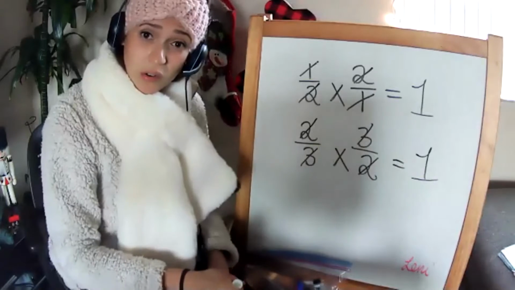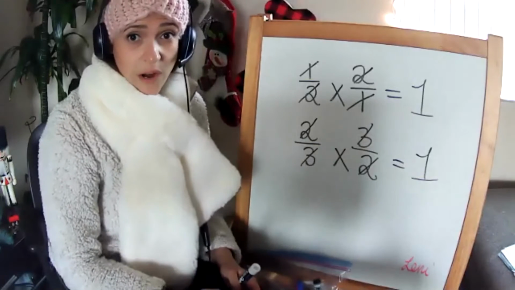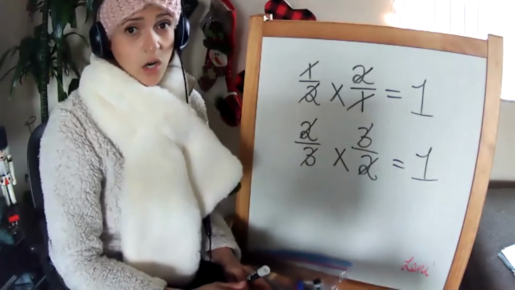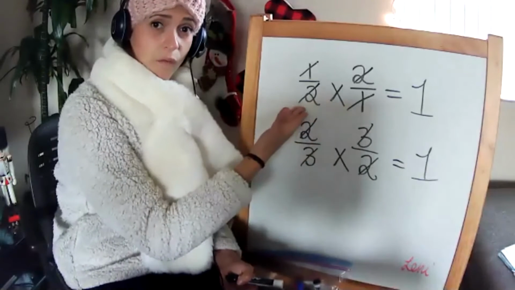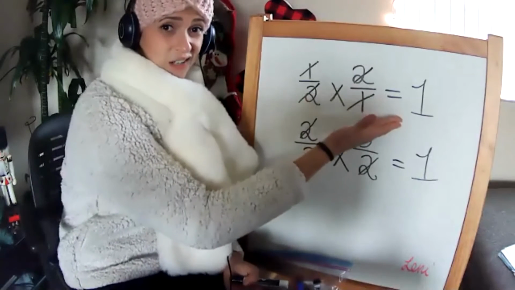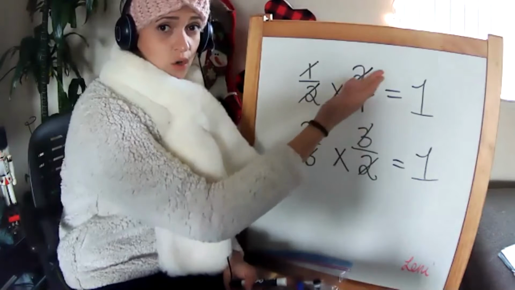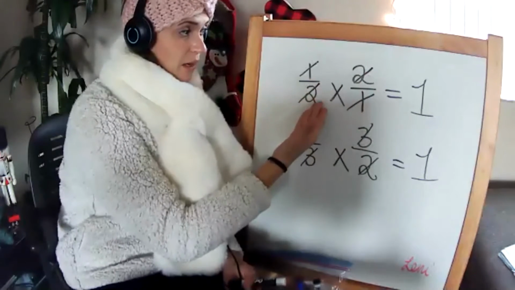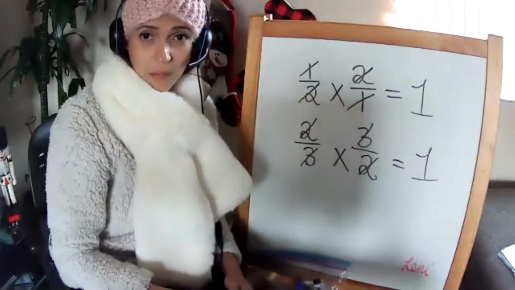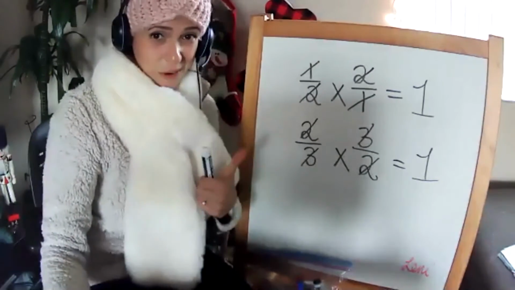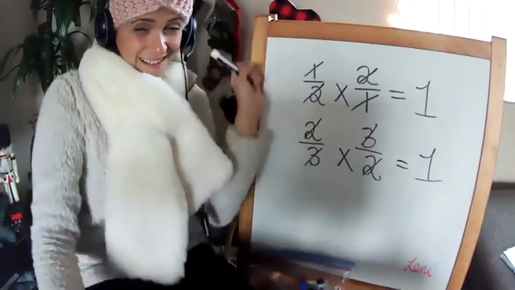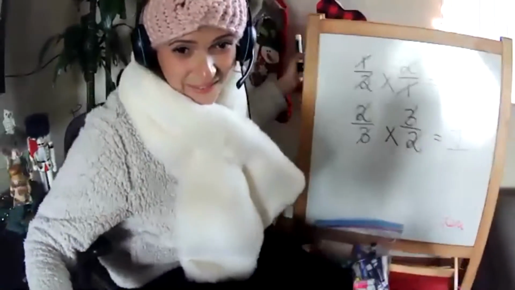So reciprocals are when you reverse your fraction's numerator and denominator. You know that it's a reciprocal because if you multiply it by your original fraction, your answer will always be 1, and your numerators and denominators will cancel out in your simplification. Does that sound like we know what a reciprocal is? Yes, it cancels each other out and the answer will always be 1.